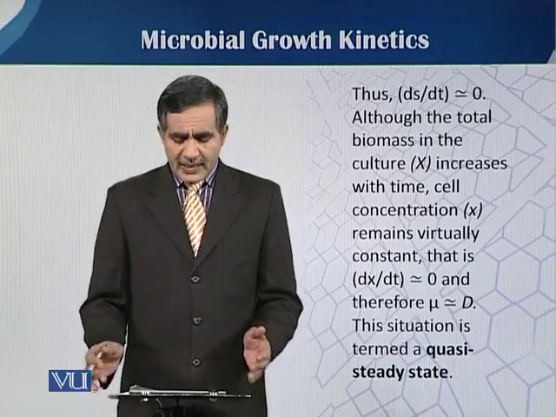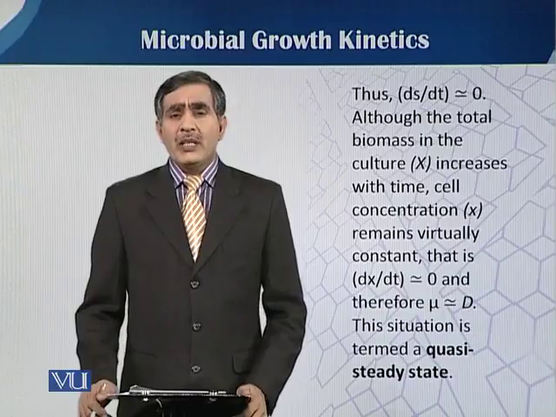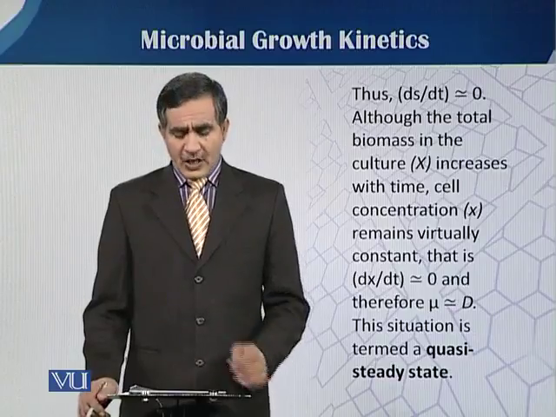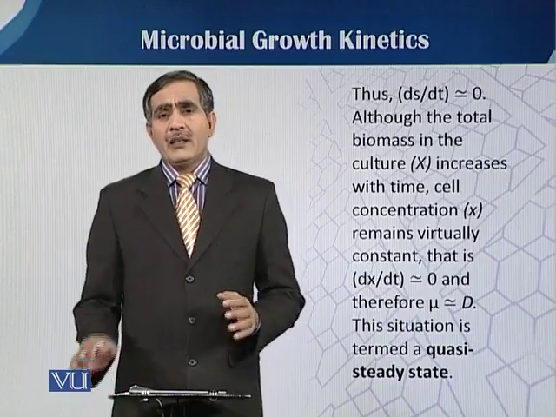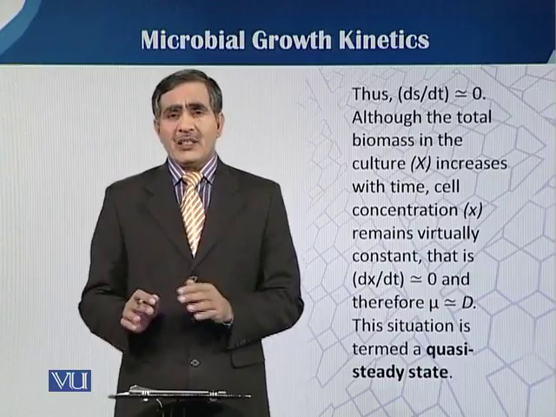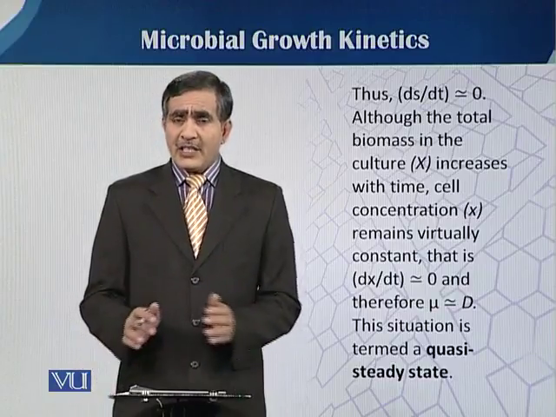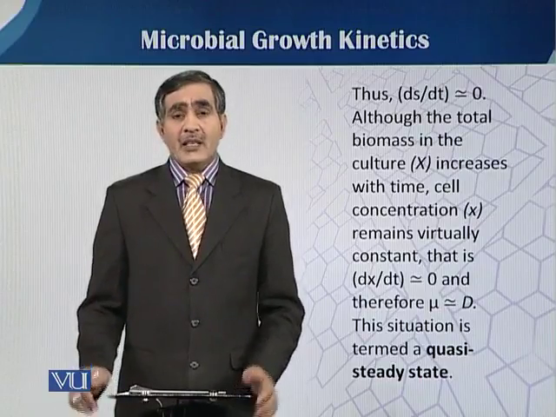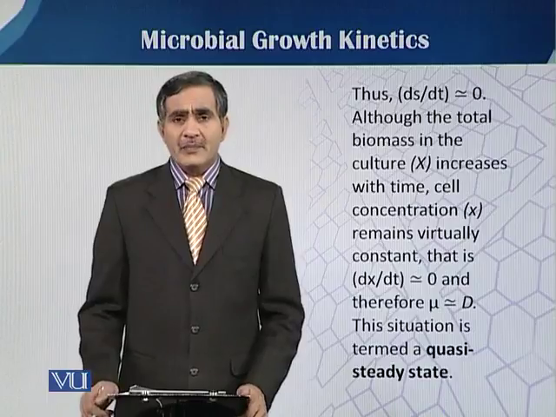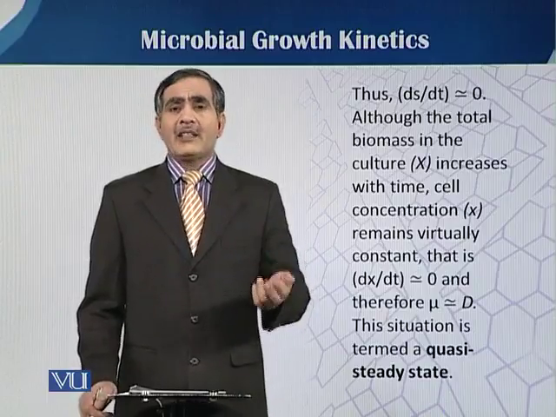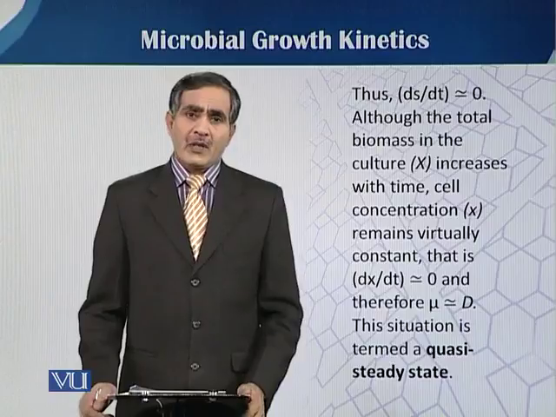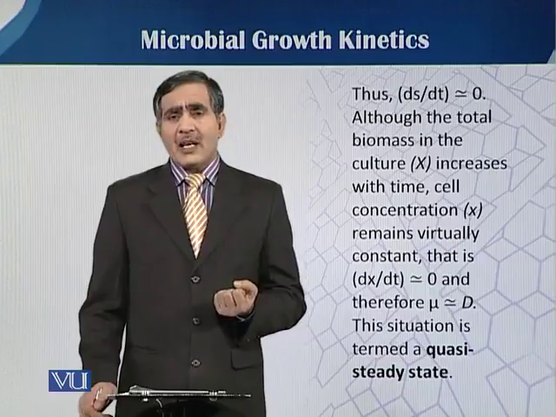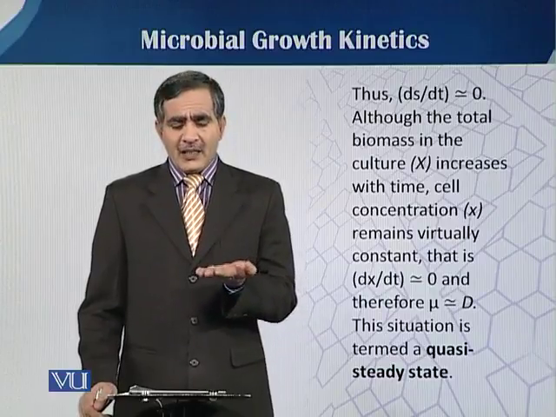There is no change in the substrate concentration, because we are adding the substrate in such a way that it equals the utilization by the microorganism present in the fermentation vessel. So the addition and the utilization become equal.